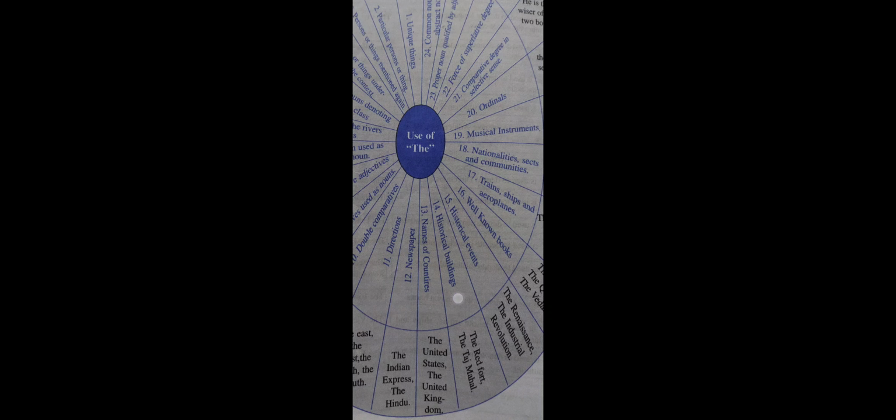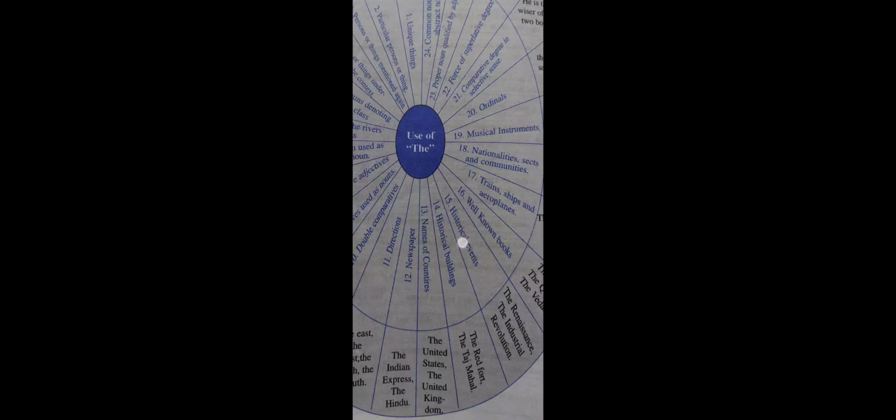In the same way, with newspapers, for example, the Indian Express, the Hindu. In the same way, with the names of countries. For example, the United States, the United Kingdom. Also it is used for historical buildings, the Red Fort, the Taj Mahal.